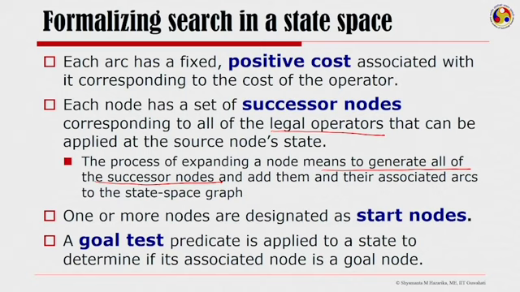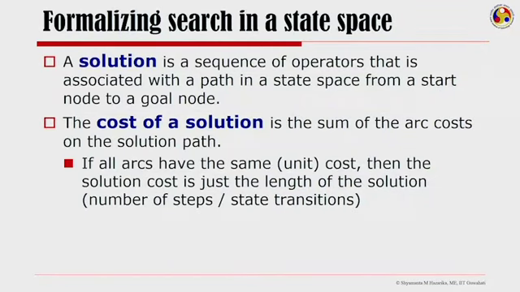One or more nodes are designated as the start node, and then there is a goal test predicate which is applied to a state to determine if its associated node is a goal node. A solution in such a formal framework is a sequence of operators that is associated with a path in a state space from a start node to a goal node.